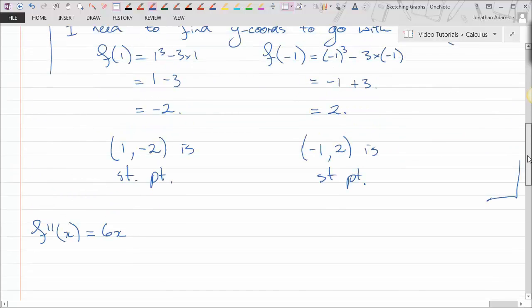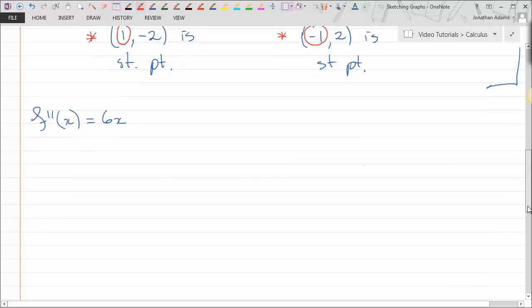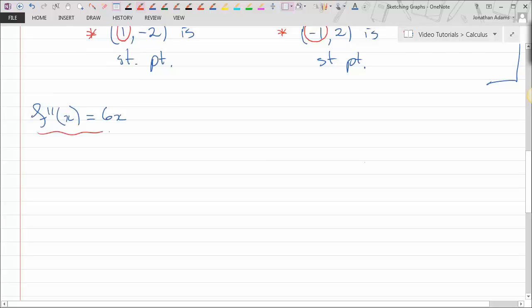And from the previous question, the two stationary points that we need to classify are this one here, 1, negative 2, and this one here, negative 1, 2. We really only need to think about the x-coordinate if we're going to be classifying. So to classify these points, we're going to plug those x-coordinates into the second derivative.